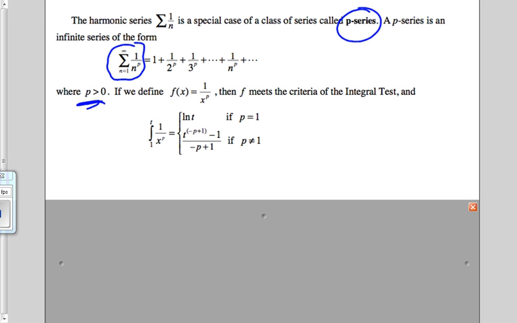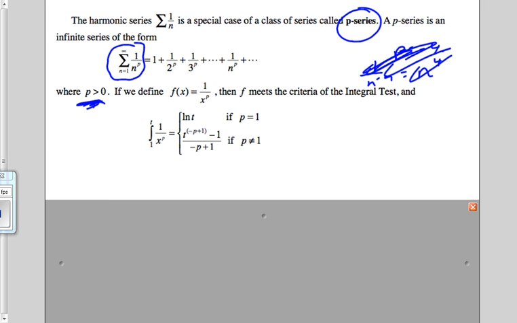In other words, by p being a positive number, we're ensuring that it keeps that rational feature. If p were negative, say p were -4, 1 over n to the -4 would be really just n to the 4, which gets rid of its rationalness. So by ensuring that p is greater than 0, we continue it to be a rational function.